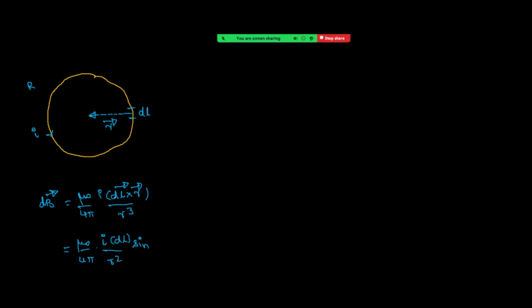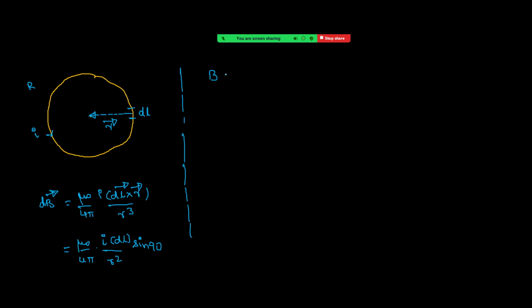Between dl bar and r bar angle is 90, so sin 90. Like this, we have to consider all elements and calculate strength of the field. That means now we have to take sum of all these things.